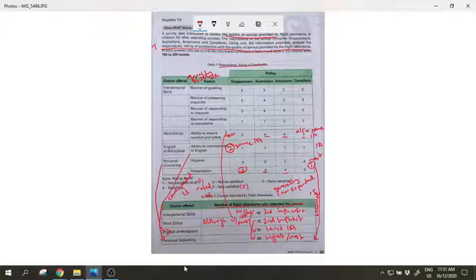So you can say, although it is higher, it still received not so satisfied ratings by Singaporeans and Australians. Okay, so this is one way of connection.